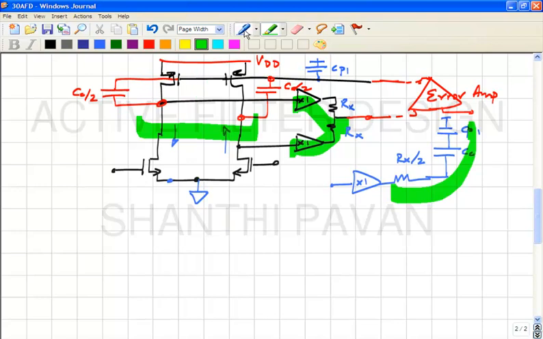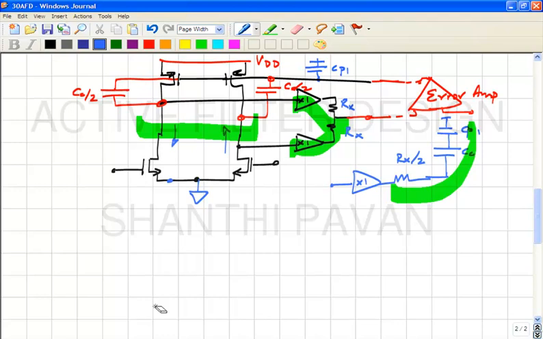So see, as far as this is concerned, differentially what happens? What is the equivalent for differential signals? The gate of the PMOS transistor for differential signals is grounded. Nothing changes on the top. You understand? Only for common mode signals, the only thing that changes is that the common mode gain is now GMN by GMP.